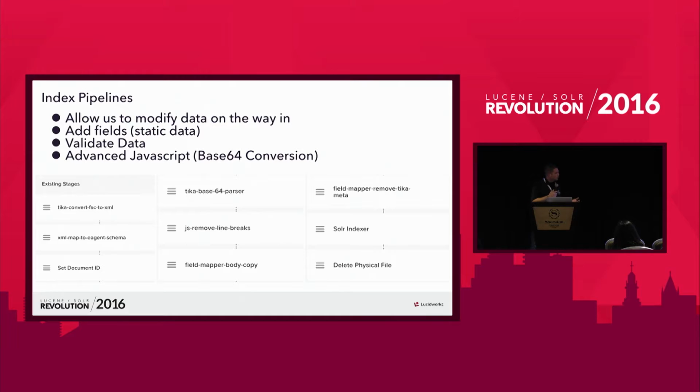From the Tika stage, we clean up the data a little bit. The stage says remove line breaks. What we're doing there is just normalizing the data. We don't need all those line breaks and other utilities indexed, right? We do some more field mapping and copying of fields.